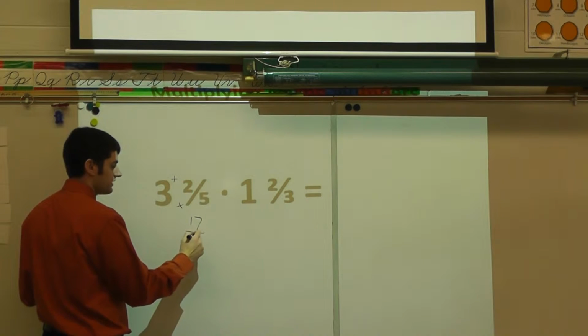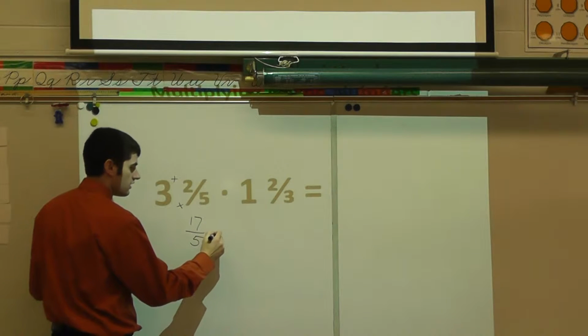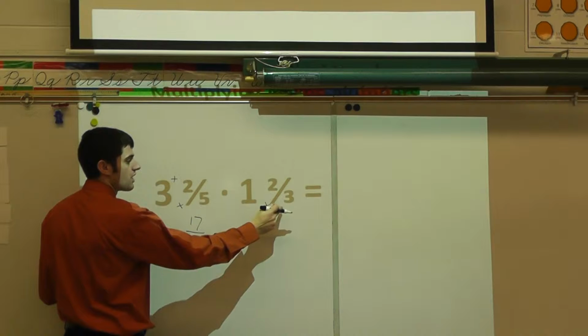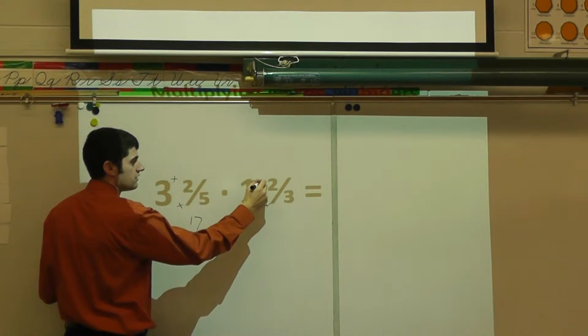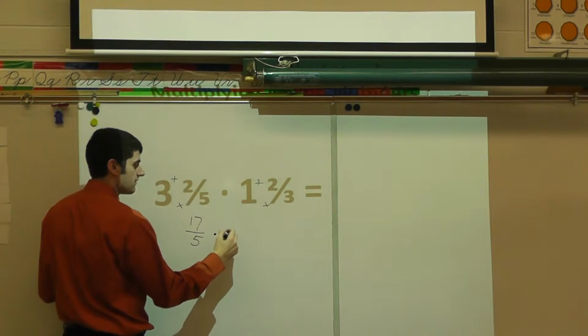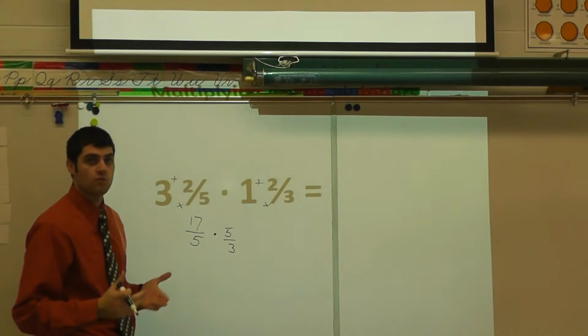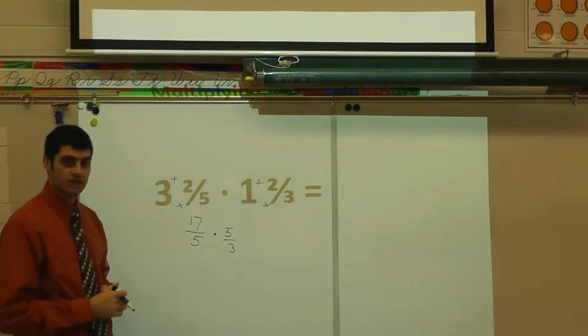My denominator stays the same. It becomes 17 over 5. On this side, I'm going to turn this mixed number to an improper fraction. 3 times 1 is 3, plus the 2 becomes 5. This becomes 5/3. So I just did step 1. I took my mixed numbers and I turned them into improper fractions.